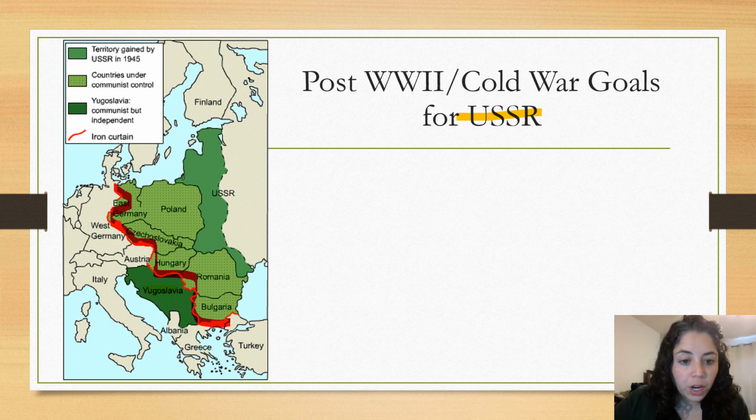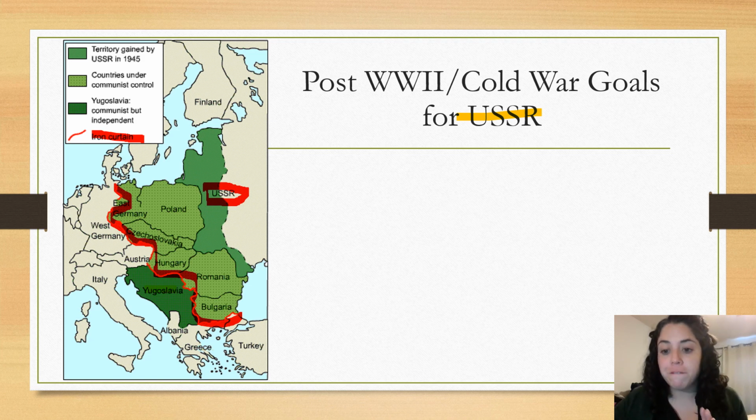This is what we're going to call the Iron Curtain. The Iron Curtain is going to be this line of countries that are protecting the Soviet Union from the other side of Europe. They're like a buffer, if you understand that concept.